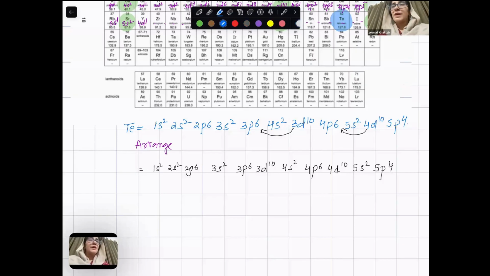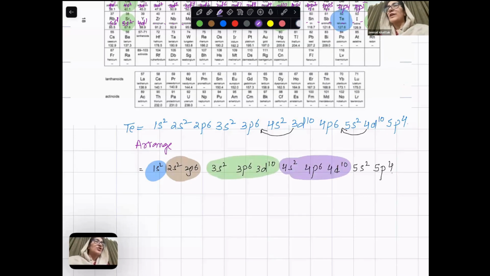So first shell, second shell, third shell, fourth shell, fifth shell: 2, 8, 18, 18, and 4, 5, 6.